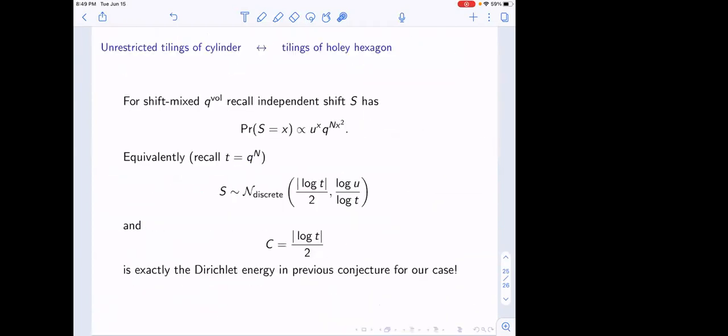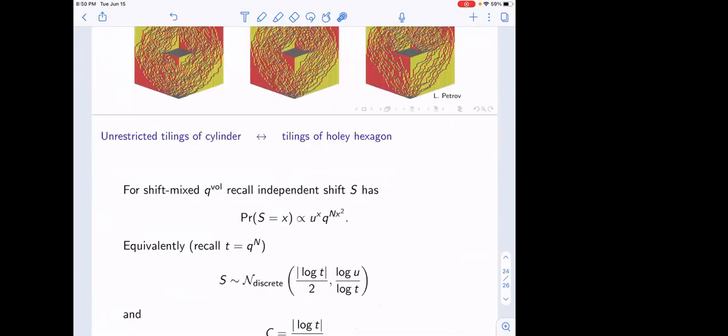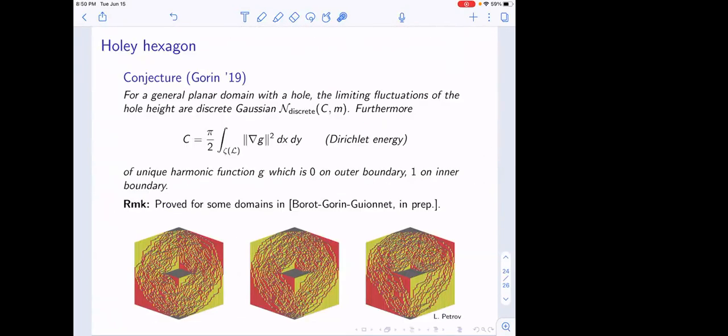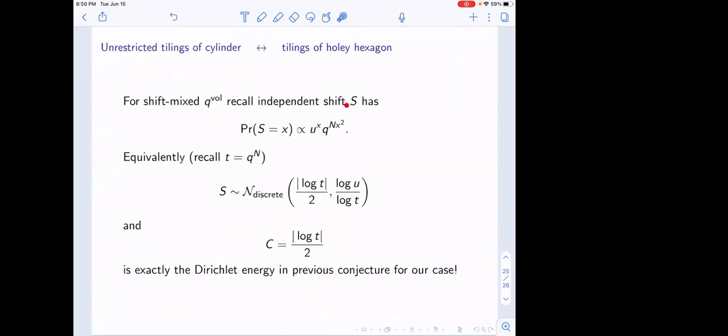And indeed, a good, natural analog for the height of the hole is our shift S in the cylindric case.